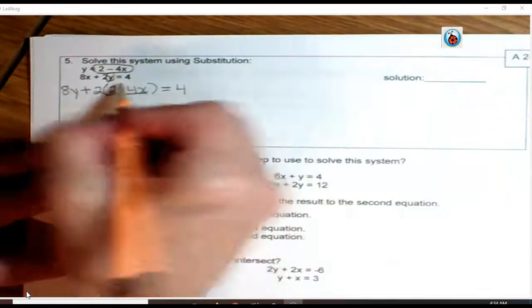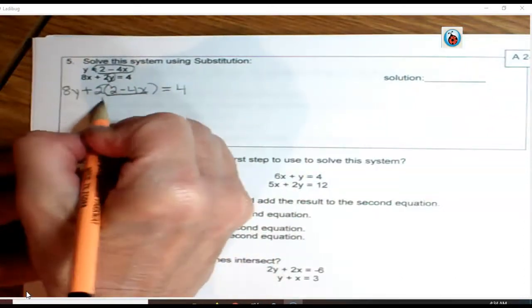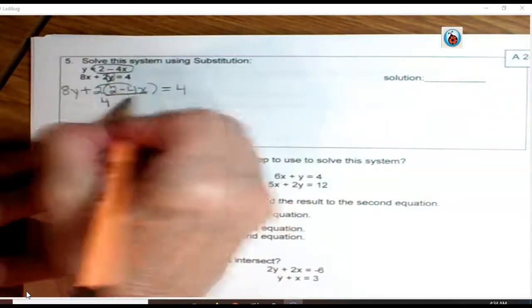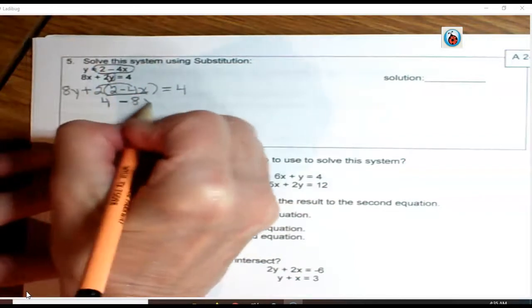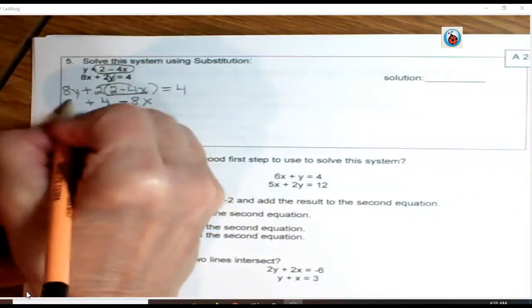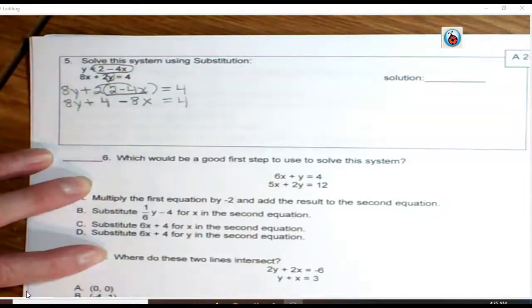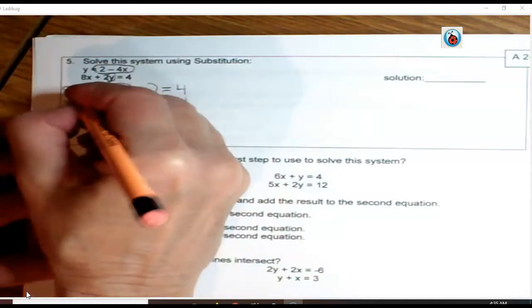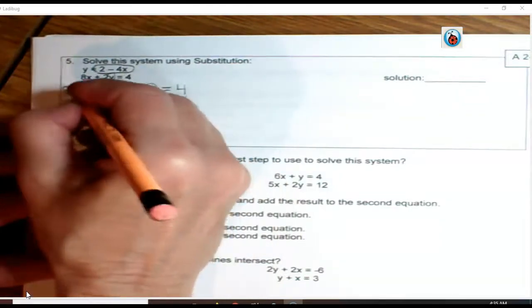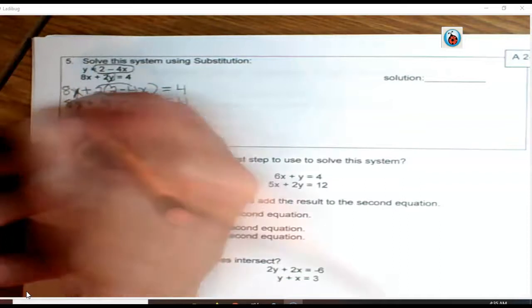Okay, do the distributive property. 2 times 2 is 4. 2 times negative 4 is negative 8x. Bring down my 8y and my 4. The second step is to combine like terms. This should be an x. Sorry about that. I was looking to see what I messed up on. That's an x.